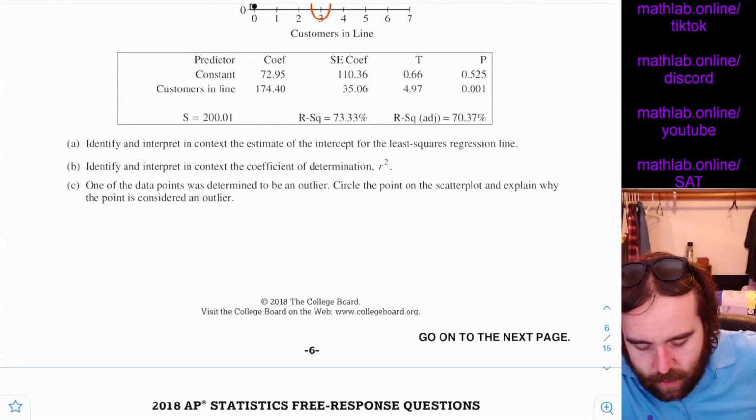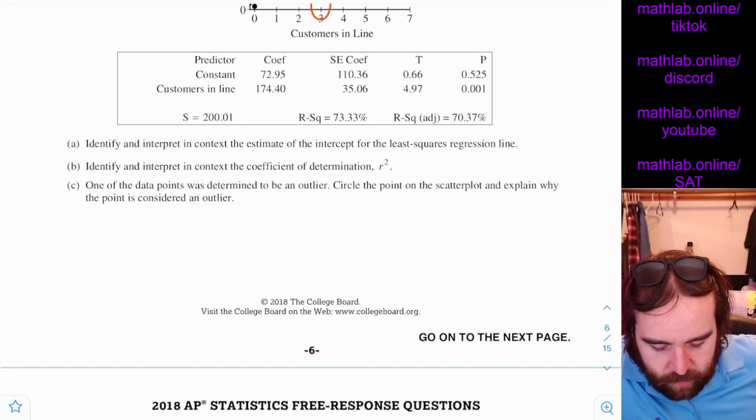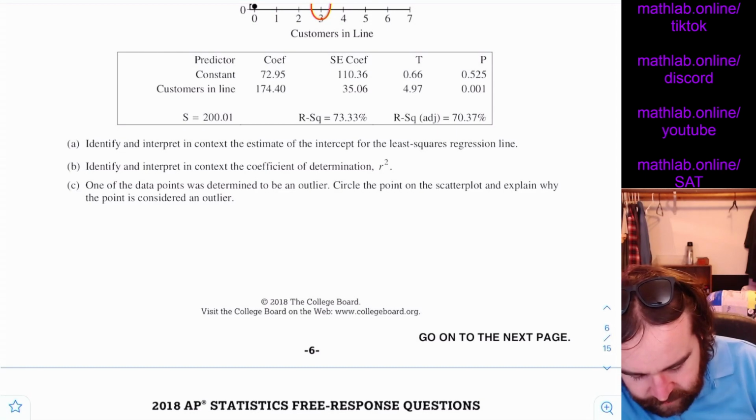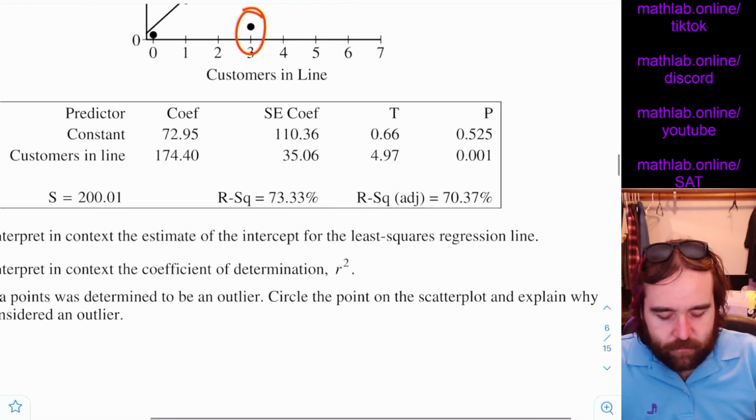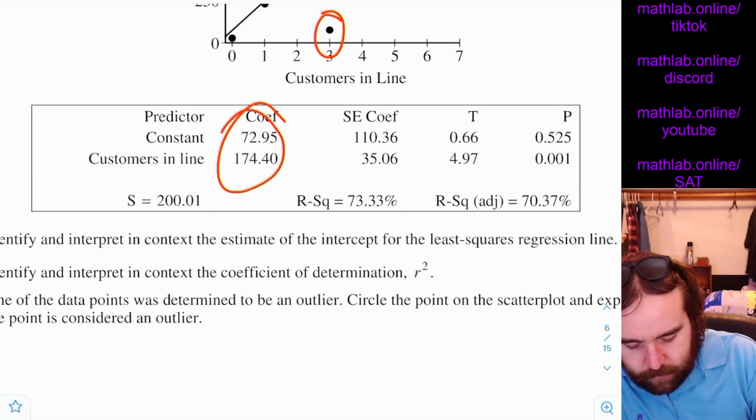Okay, A. Identify and interpret, in context, the estimate of the intercept for the least square regression line. Identify. Okay, so identify, we got to get that from here. So what are we going to get from here? We're looking at these.